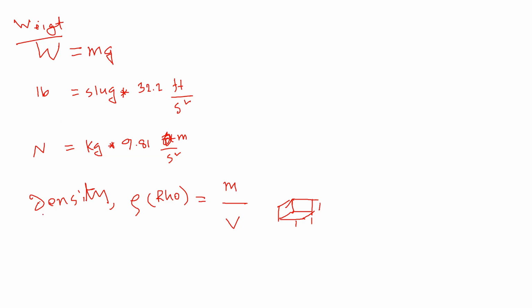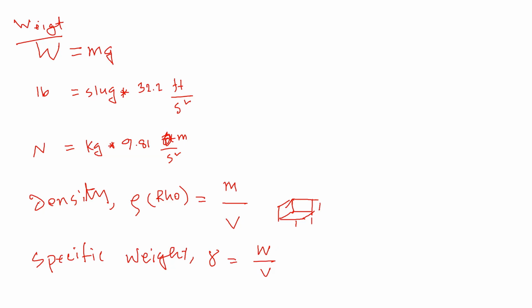But in the US customary system, the specific weight, gamma, is used instead of rho. So the specific weight, which is gamma, is weight per volume. So basically the same thing.